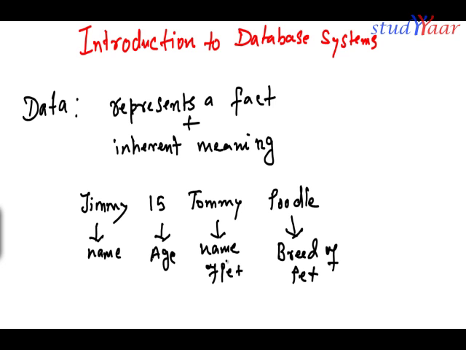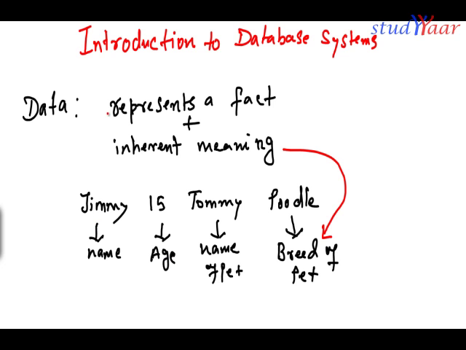Now, do we have some inherent meaning? Obviously we have some meaning. The meaning is that this Poodle is the breed of the pet, this Tommy is the name of the pet, this 15 is the age of the person, and this is the name of the person.